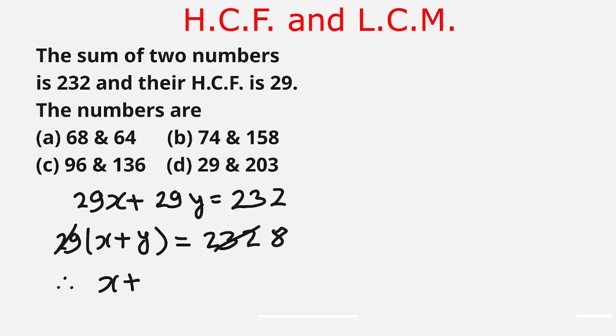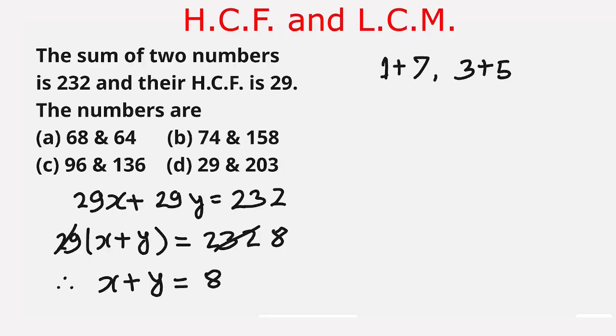Therefore, x plus y equal to 8. Now, x plus y equal to 8, then the pair will be 1 plus 7, 2 plus 6 is not possible as 2 and 6 are not co-prime numbers. 3 plus 5, 4 and 4 are not co-prime numbers. So only two options are there, 1 plus 7 and 3 plus 5.